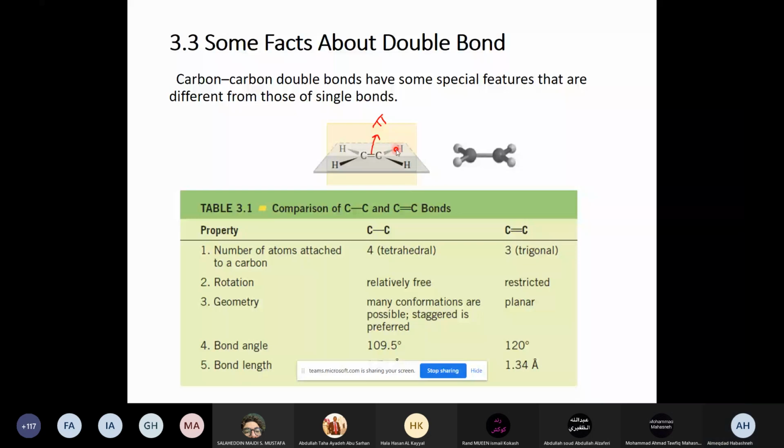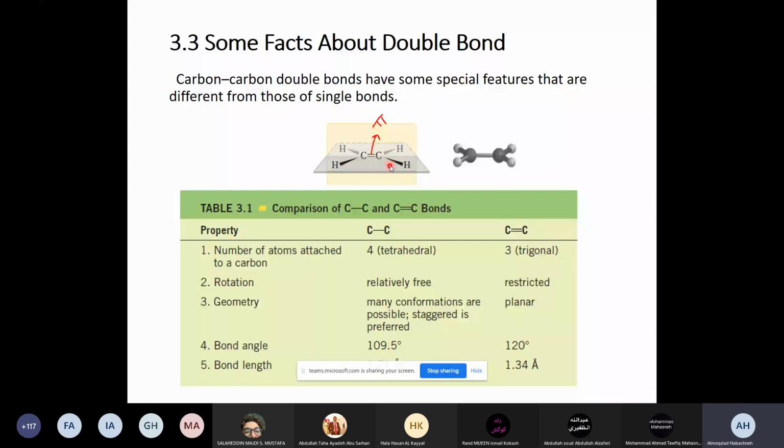Now, if we want to understand the geometry, we have to understand the hybridization. The double bond is constructed from two types of overlapping: sigma overlapping and pi overlapping.